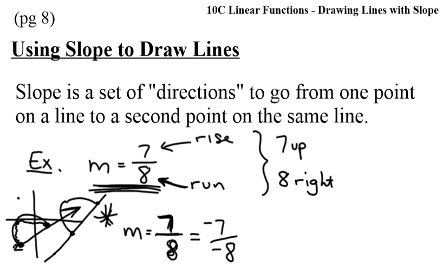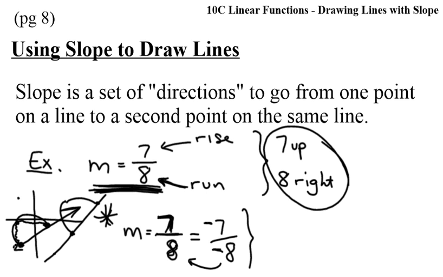Those are the same thing because two negatives make a positive. So if I have a slope of 7 over 8, here's one set of directions, but 7 over 8 could also be thought of as negative 7 over negative 8. I can get a second set of directions from that.